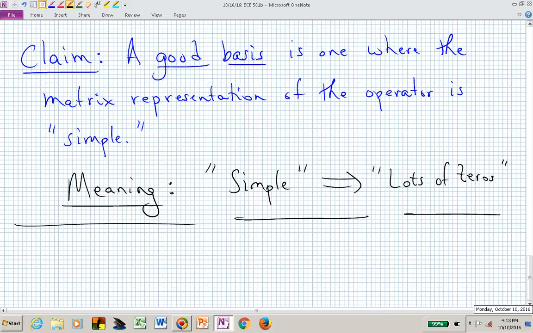So we're trying to find basis vectors or representations of this linear operator that will provide us with as many zeros in that matrix representation as possible. And the upper triangular matrices provide us with a pretty good start on putting zeros into our matrix representation.